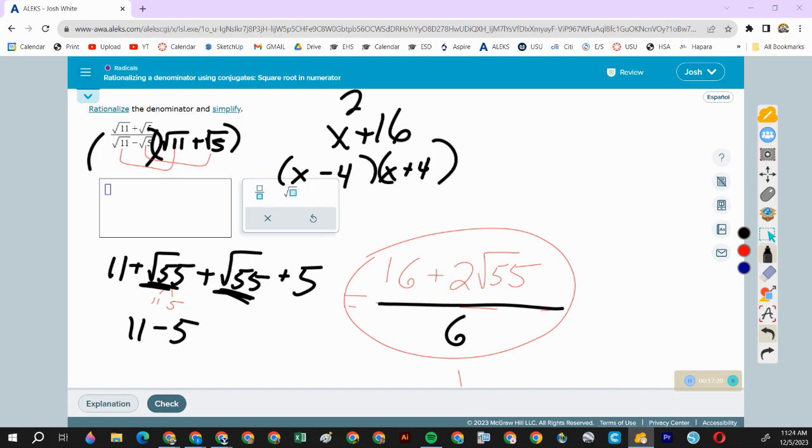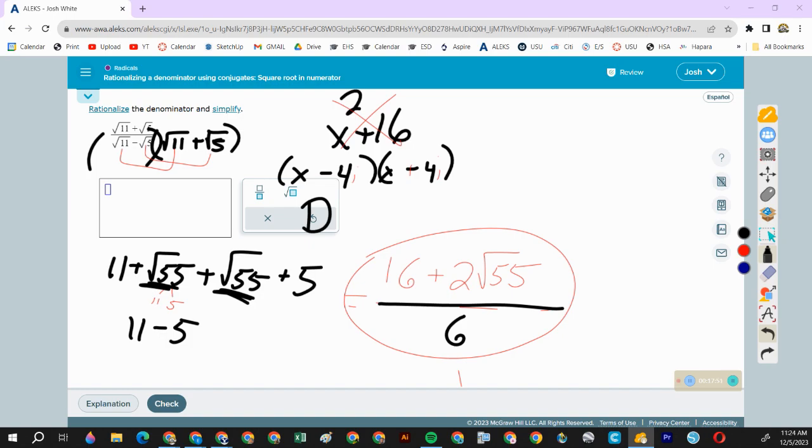No. Is negative 4 times positive 4 negative 16, or positive 16? No. So what if I make them both negative? Now it doesn't equal 0 again. So this does not factor into any real situation. You would need i's. So that's why it's a difference of perfect squares. The last term has to be negative.